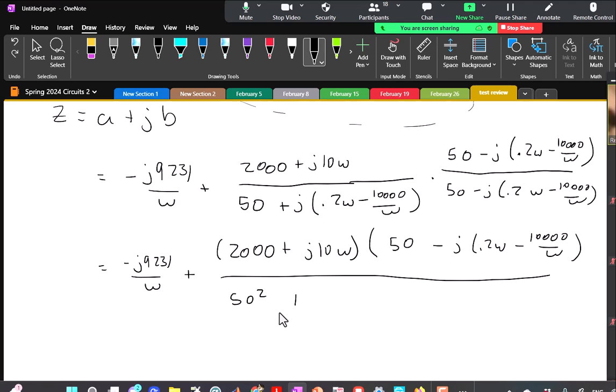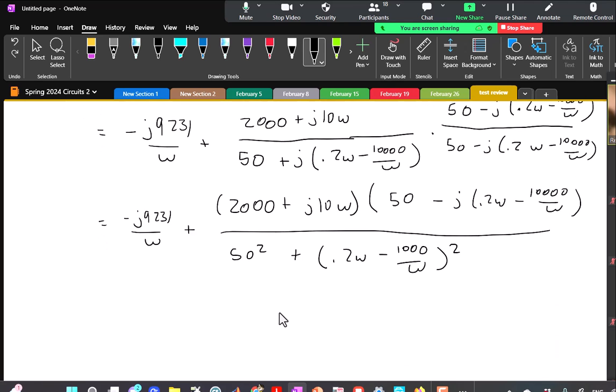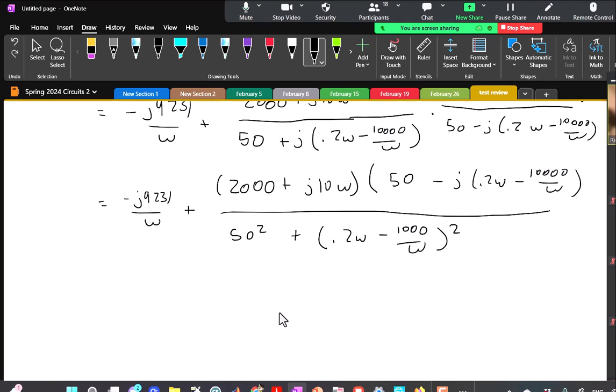Now the whole point of multiplying by the conjugate is that it makes it the real part squared plus the imaginary part squared without the imaginary number. All right, so now I'm real close to getting towards something that I can solve.